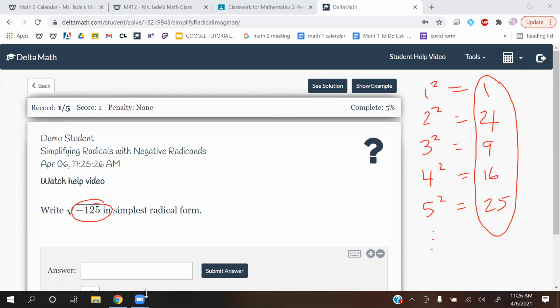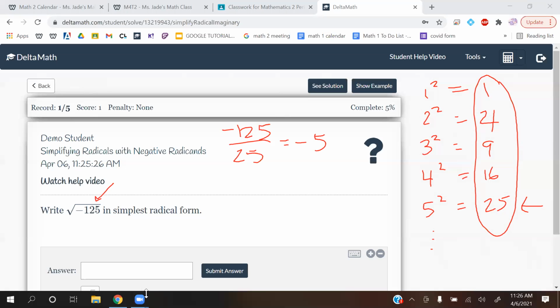So we are going to try negative 125 divided by any of these. I'm going to try 25. And I see that negative 125 divided by 25 gives me negative 5. So negative 5 is a whole number, which means we now know that 25 fits in perfectly into this number inside our radical, which is called the radicand, by the way.